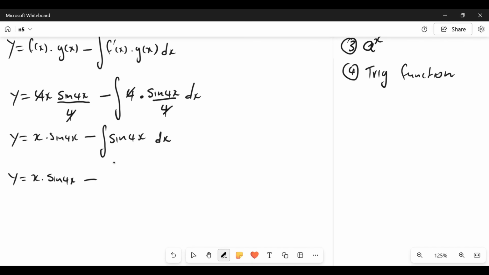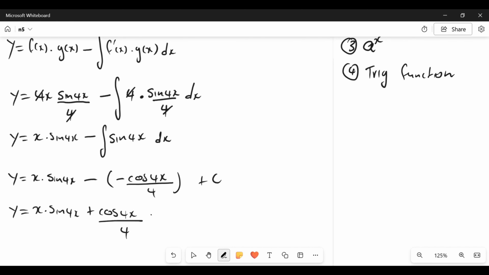So again, the integral of sine 4x is gonna be negative cos 4x divided by 4, close bracket, plus c this time. So our final answer here is going to be x multiplied by sine 4x, negative and negative. This is going to become positive. And then we have cos 4x divided by 4 plus c. So here is our final answer, guys.